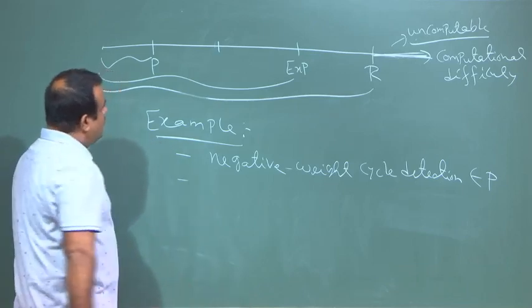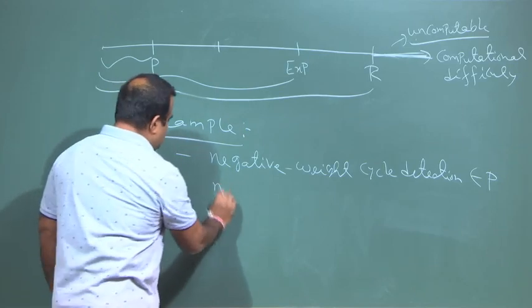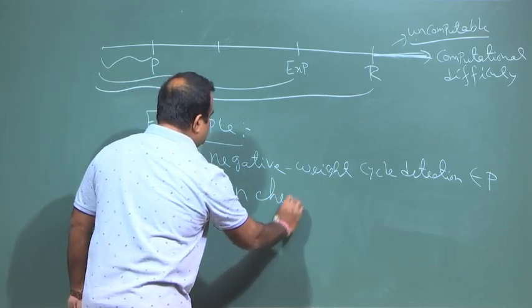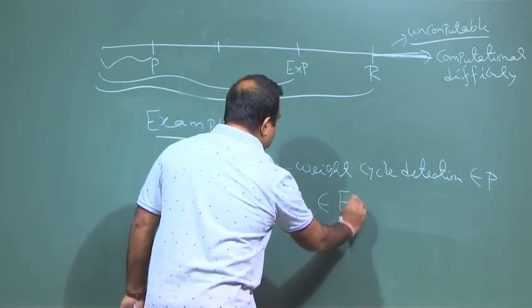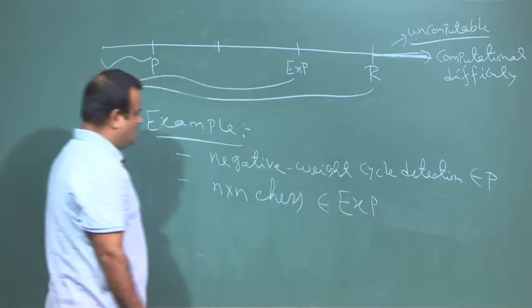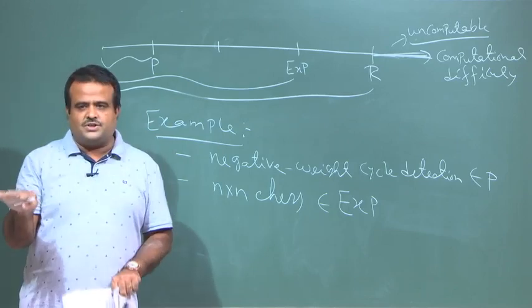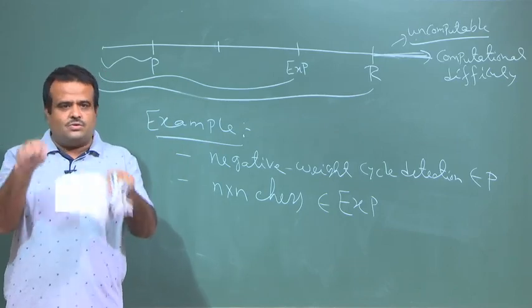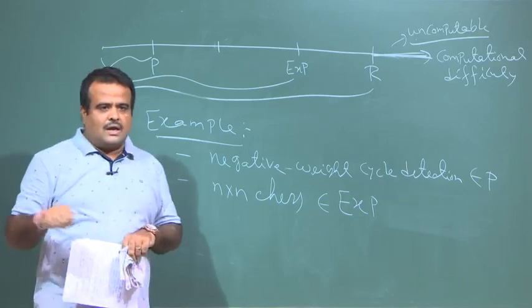Now, we want an example of an exponential time problem, that is the n cross n chess problem. This belongs to exponential time. We are given a position of a chess game.